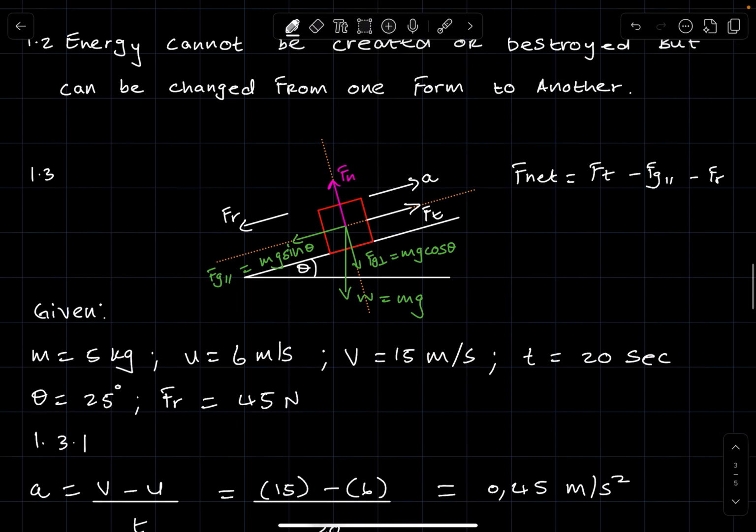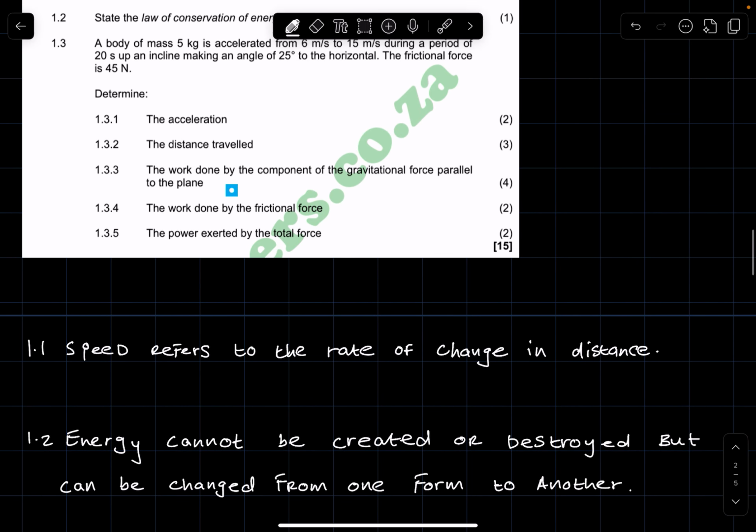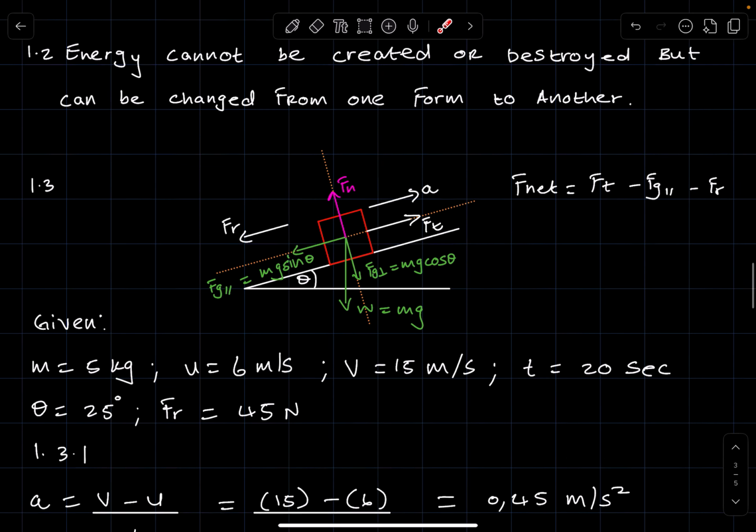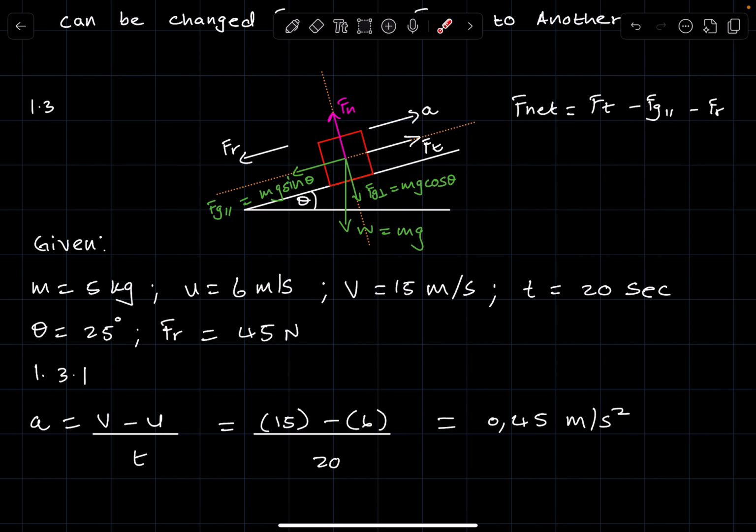Now we look at 1.3.3. Calculate or determine the work done by the component of the gravitational force parallel to the plane. We have two components of the weight. We have one that is perpendicular to the plane and one that is parallel with the plane. So they're looking for the work done due to this force.